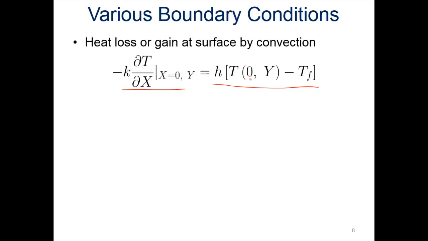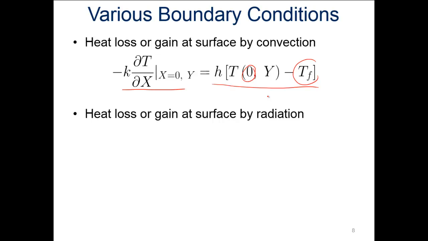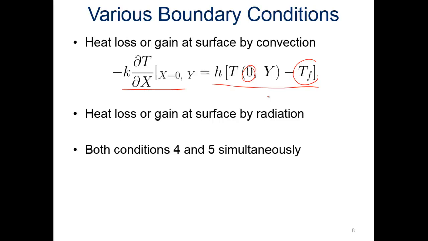So it's the temperature at that surface at x equals 0 minus the temperature of the fluid. That gives us the overall heat transfer loss. Heat loss or gain at the surface by radiation could be another case. And both conditions 4 and 5, I've got the numbers, but this would be 4 for the convection and 5 being the radiation.